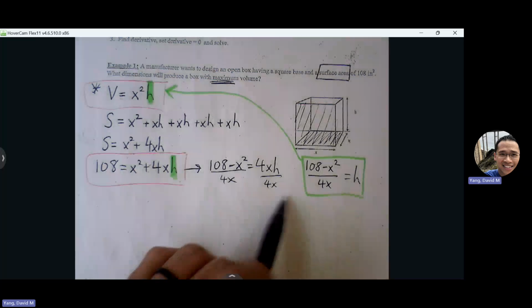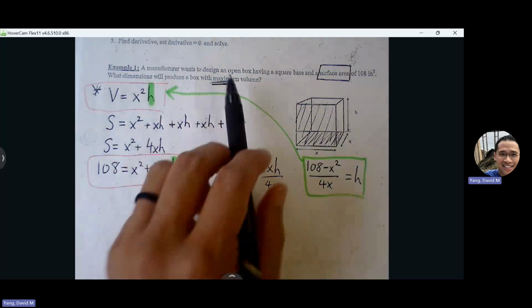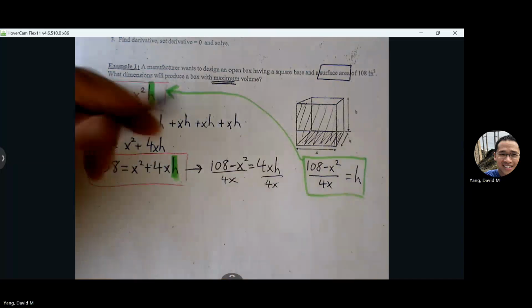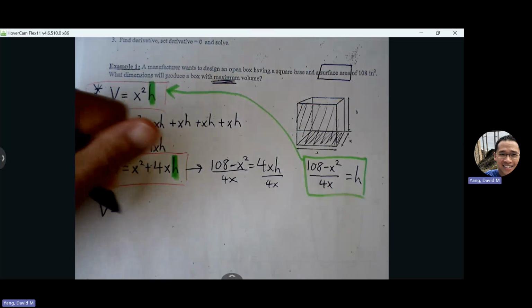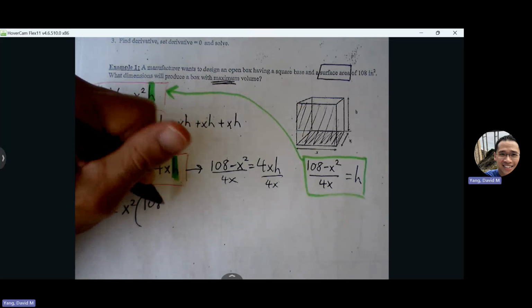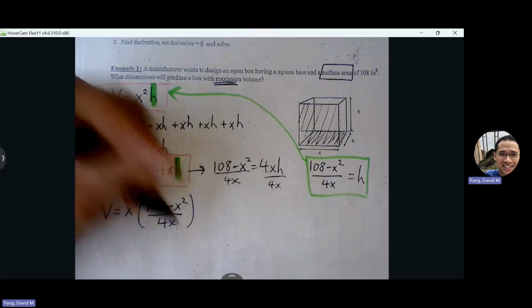And again, we're focusing on this formula because that's the formula that we're ultimately trying to get ready for our derivative. So v is equal to x squared times 108 minus x squared over 4x.